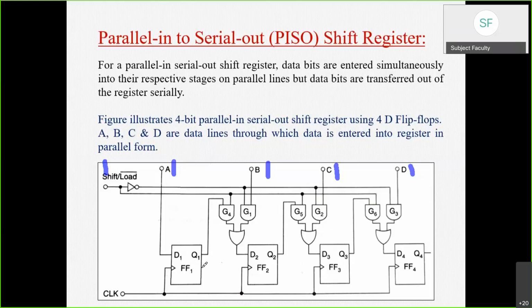That means when you apply the clock here, this data bit should transfer serially, and at the output you should collect it. So this circuit basically has two modes. The first mode is shifting mode, that is the data transfer mode, and the second mode is loading, that is nothing but saving the data bits. We will see how it works.